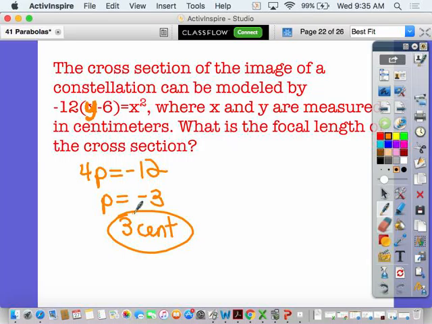And then the last thing was to be able to write the equations, using the characteristics they give you, as well as going from any old form to standard form. You guys are able to do that now. So we have successfully completed the goal. All right?